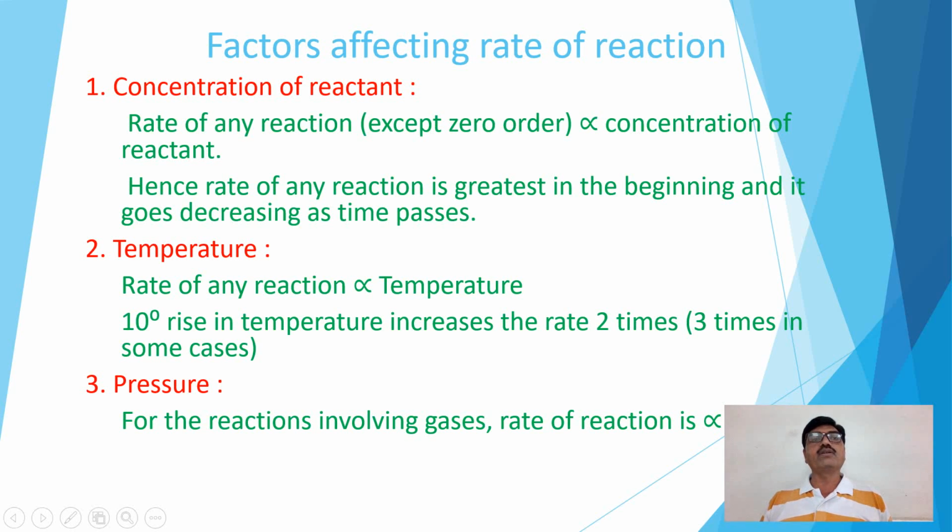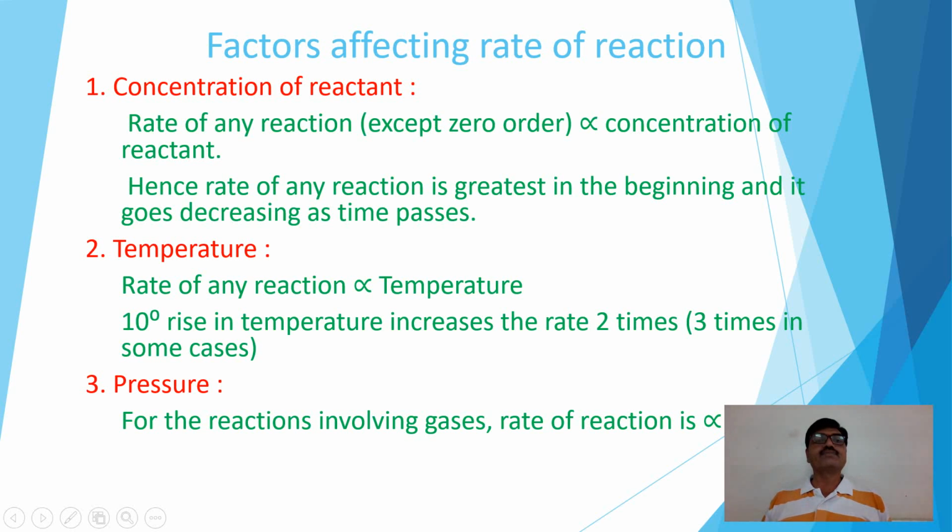See, first of all, how the rate of a chemical reaction depends on the concentration of reactants. So the rate of any reaction, except that of the zero order, is directly proportional to the concentration of the reactants. It means more is the concentration of reactants, greater is the rate.